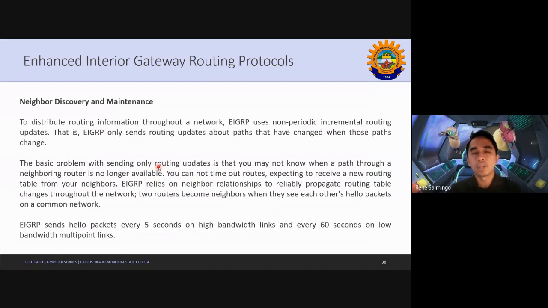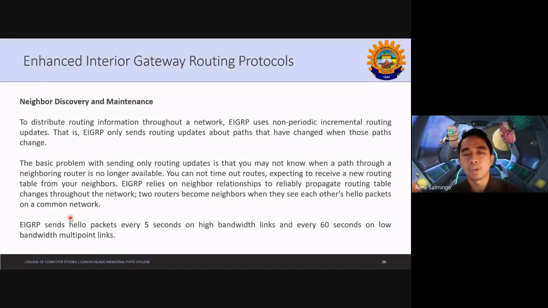It doesn't give information on which neighboring router is failing, and you cannot time out routes. So you are expecting to receive a new routing table from your neighbors, and EIGRP relies on neighboring relationships to reliably propagate routing table changes throughout the network.